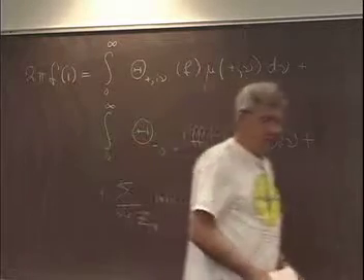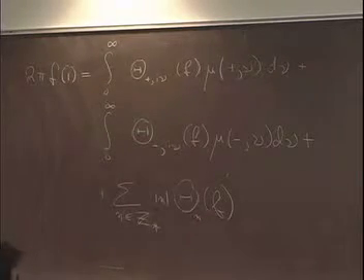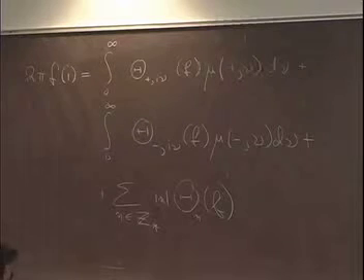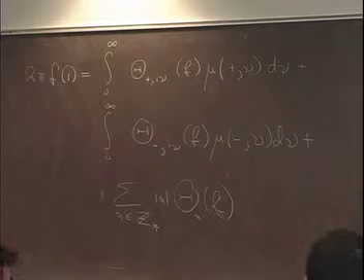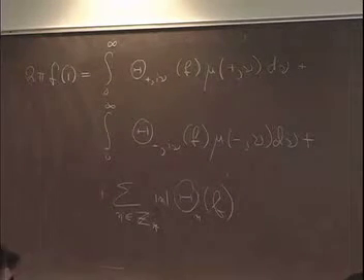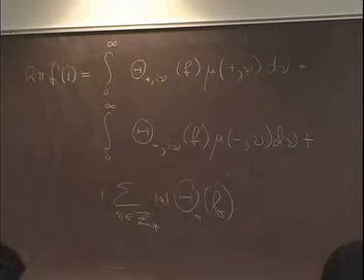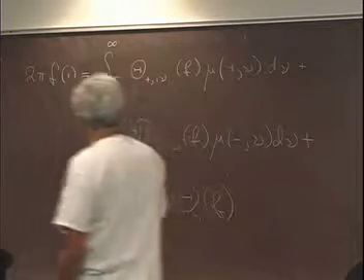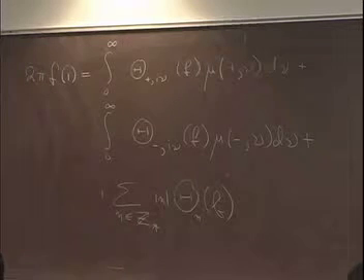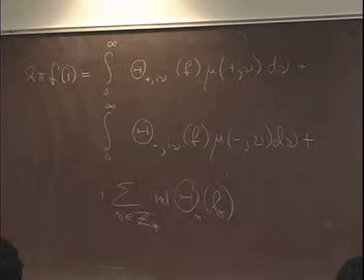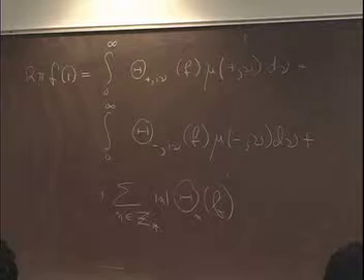So this is Harishchandra's Plancherel formula for SL2. And now I want to give you some rough idea why this is something one should expect, and how one proves this.